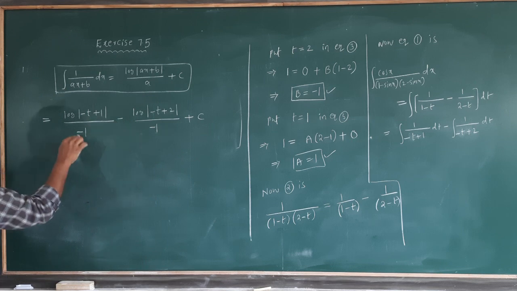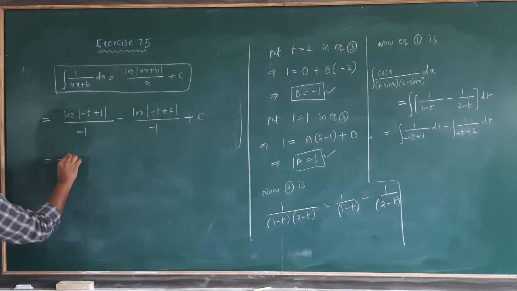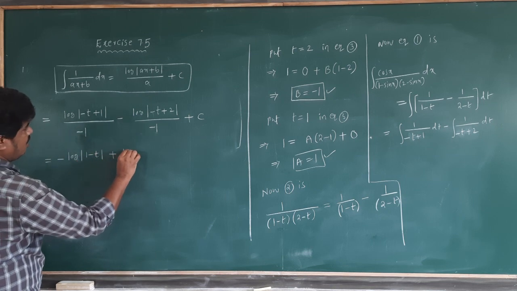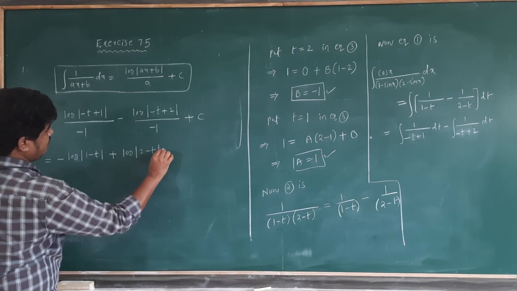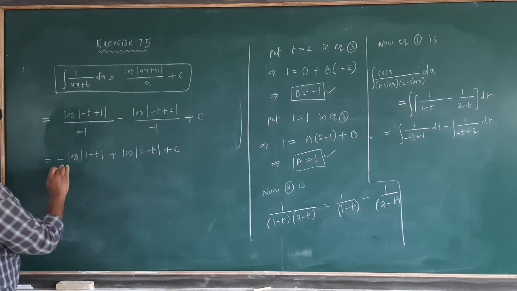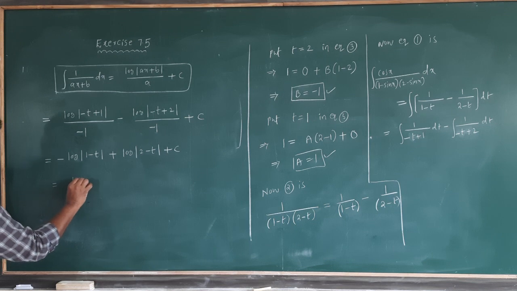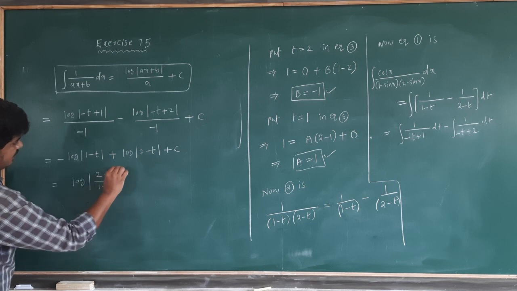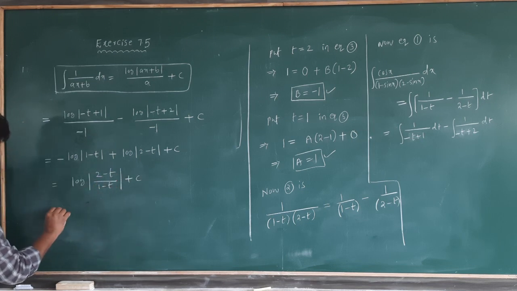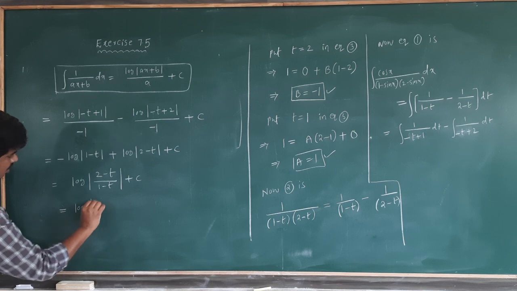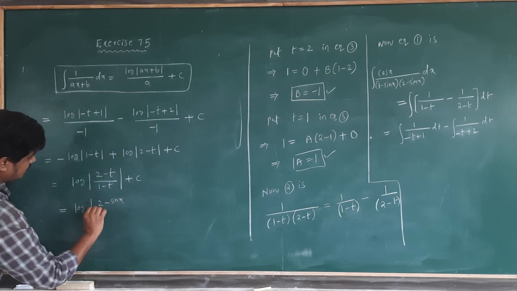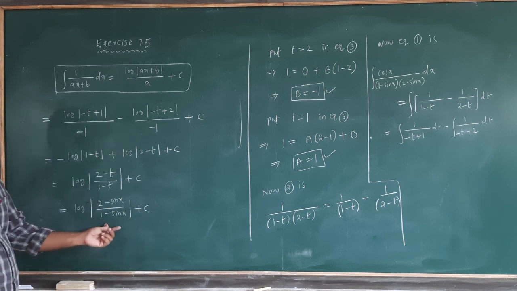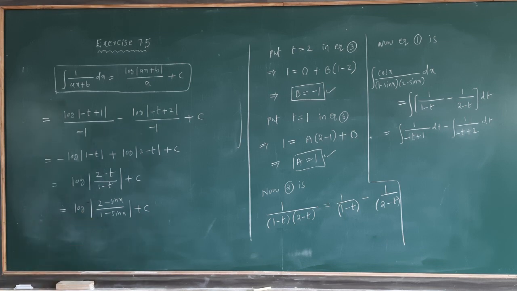Minus into minus becomes plus, so minus log mod 1 minus t plus log mod 2 minus t plus c. Log a minus log b is log a by b, so log mod 2 minus t divided by 1 minus t plus c. t means sin x, so log mod 2 minus sin x divided by 1 minus sin x plus c. It is the answer of the given question.